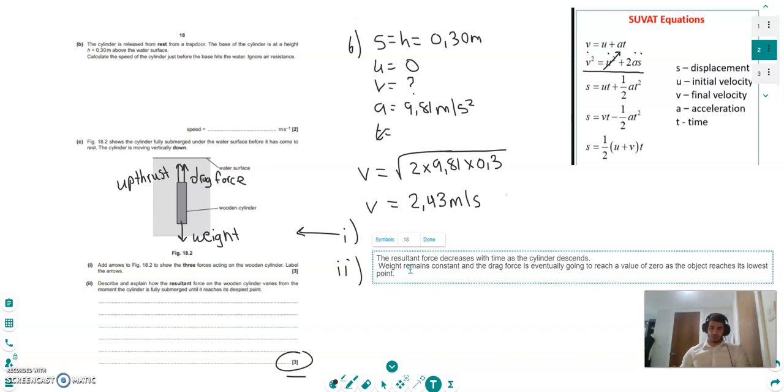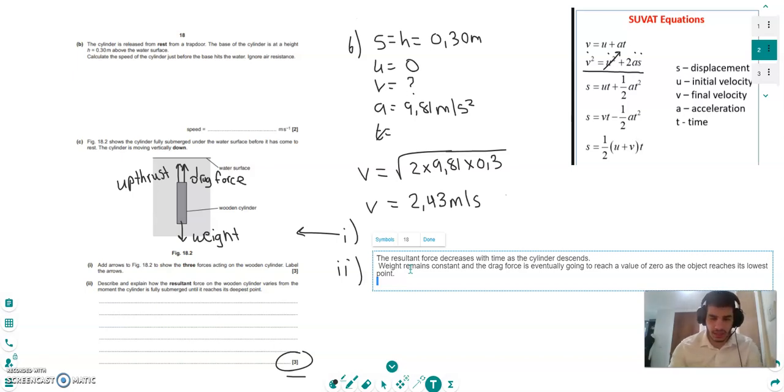The drag force is proportional to the velocity: the bigger the velocity, the bigger the drag force, and the opposite, of course. That should give you the second point.